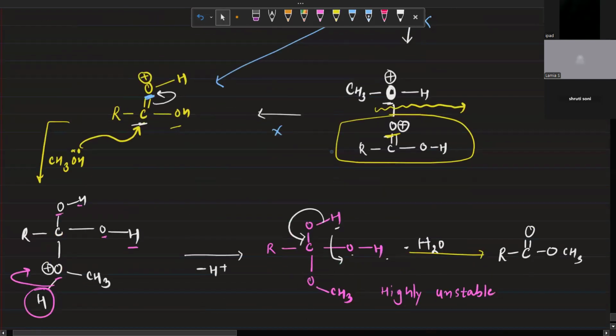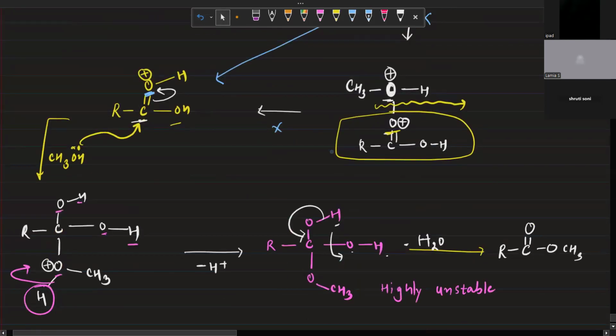Okay. After this, the alcohol again attacks on the carbon, right?